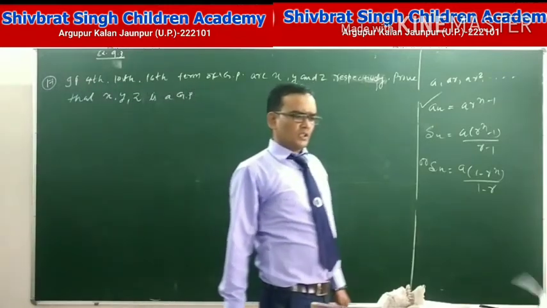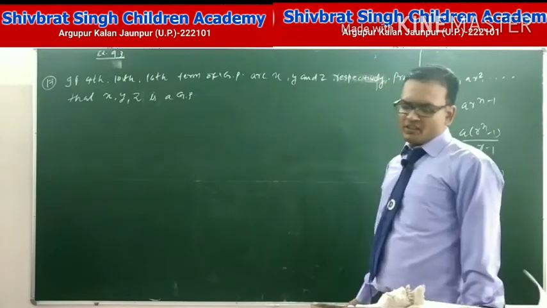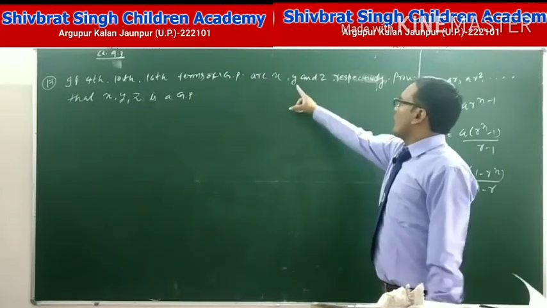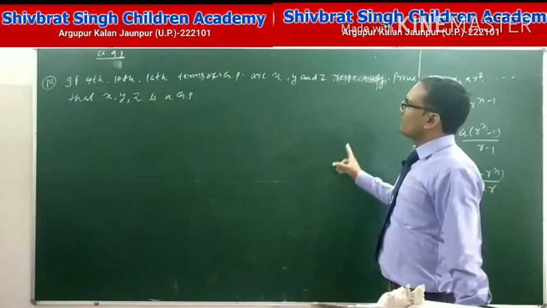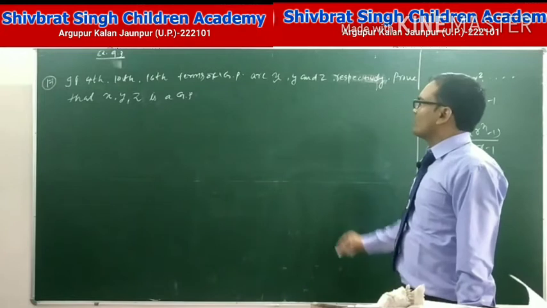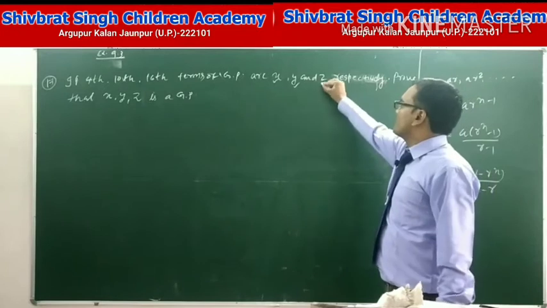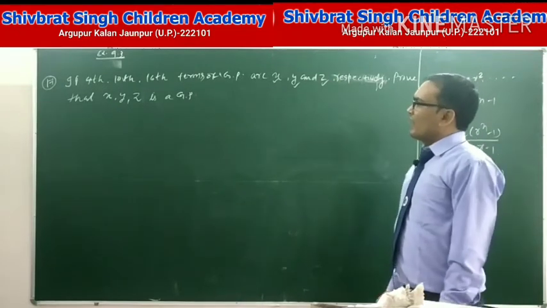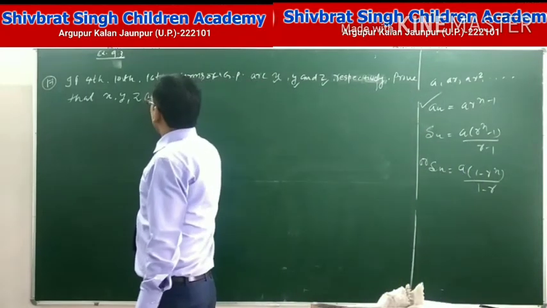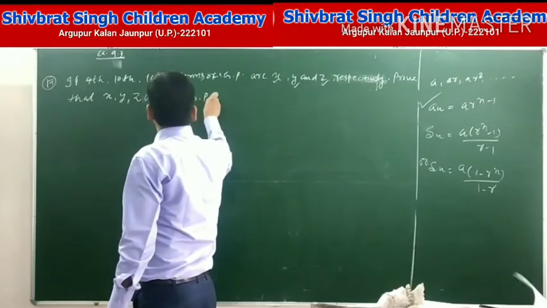If the 4th, 10th and 16th terms of a GP are X, Y and Z respectively, that means the 4th term of the GP is X, the 10th term of the GP is Y and the 16th term of the GP is Z, then prove that X, Y, Z are in GP.